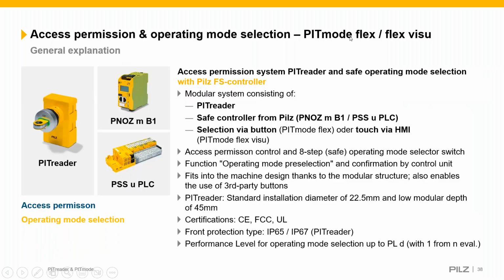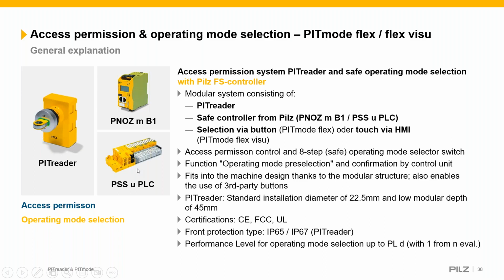We then have our PIP mode flex and flex visu. Again, it's an access permission system, PIP reader and safe operating mode selection with Pilz functional safe controllers. So it has to be used with a Pilz controller. The modular system consists of the PIP reader and a safe controller from Pilz, so it could be a MB1 or PSS 4000, for instance.